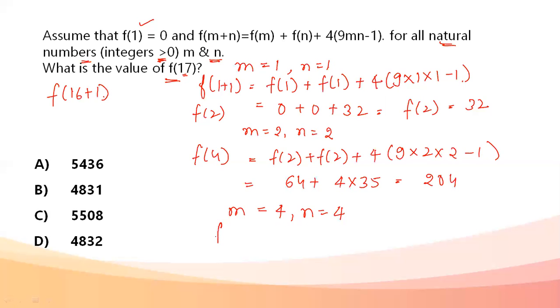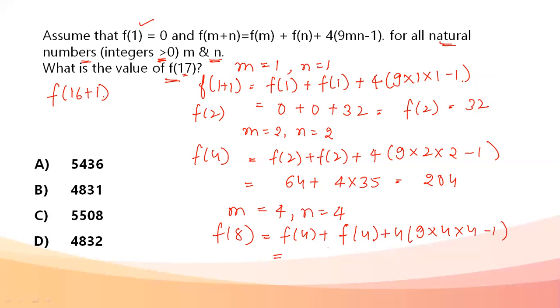So this becomes f of m plus n, f of 8 equals f of 4 plus f of 4 plus 4 into 9 into 4 into 4 minus 1. When we put in all these values, f of 4 is 204.